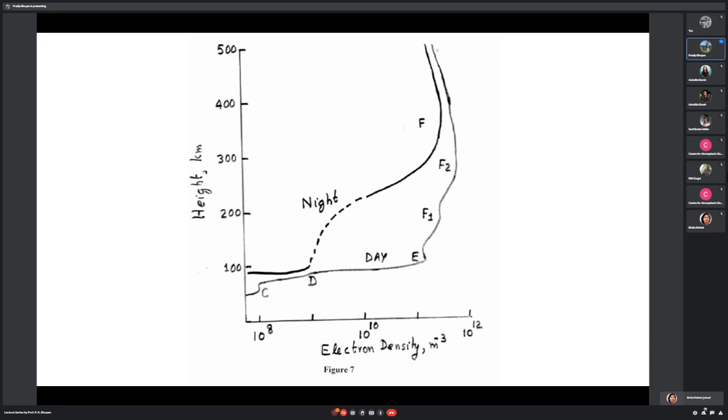Ionosondes cannot detect a D layer. Then you have E. E is the first layer, as we have said earlier, that Breit and Tuve, theoretically and simultaneously, from their antenna experiments, found that there could be a layer around 100 kilometers or so.